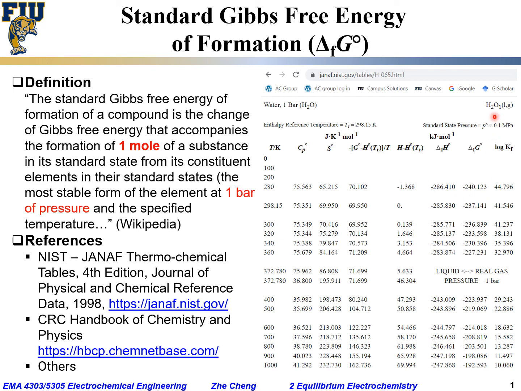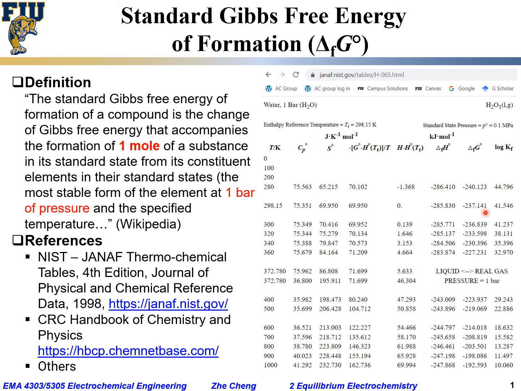The water would be at a lower energy state compared with hydrogen and oxygen in the pure state. By how much? By this much. That's what standard Gibbs free energy of formation means, and it's in the unit of kilojoules per mole.